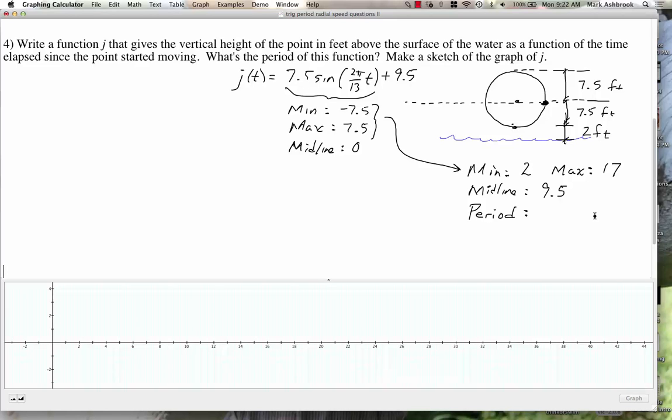So what is our period then? It has to do with t or theta? T, the input. Okay? So what is our period? What interval of time gives us a full cycle of output? 2 pi over 13.